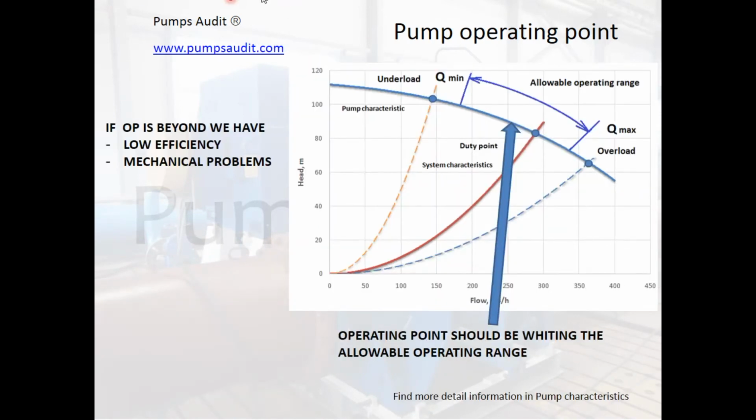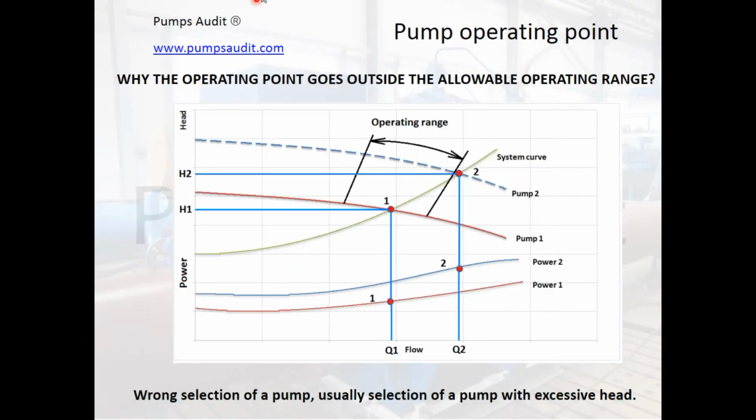If the operating point is inside the allowable operating range, it provides efficient and reliable operation of a pump. When the operating point goes beyond the allowable operating range, we have low efficiency and very probably mechanical problems.